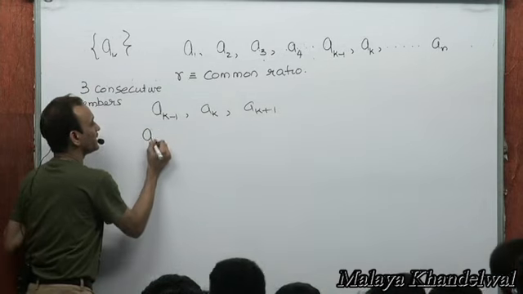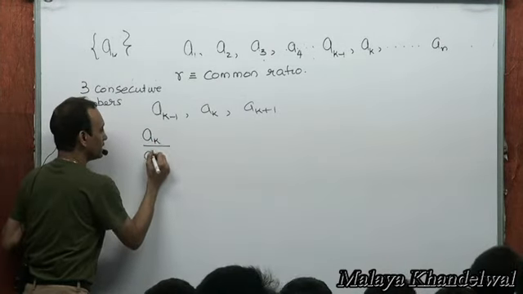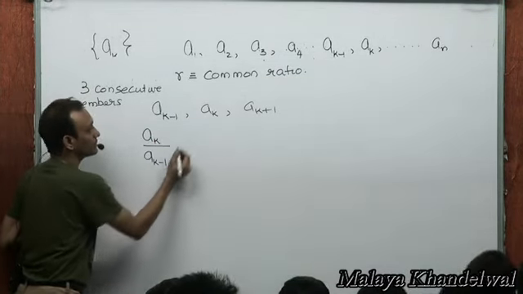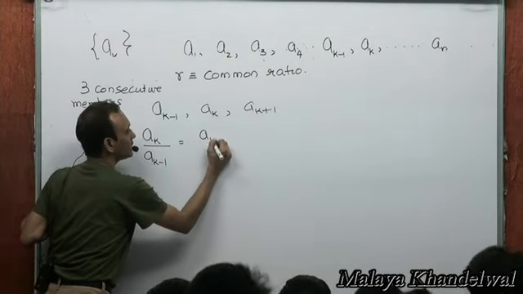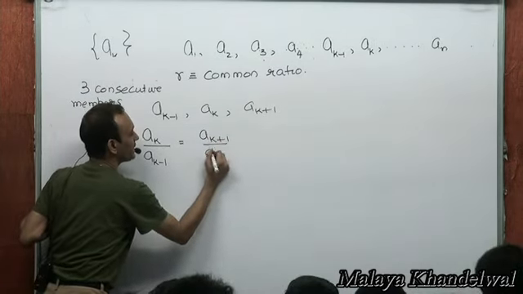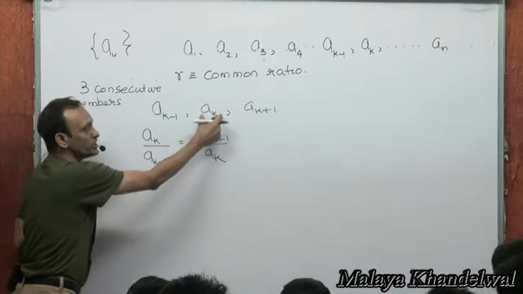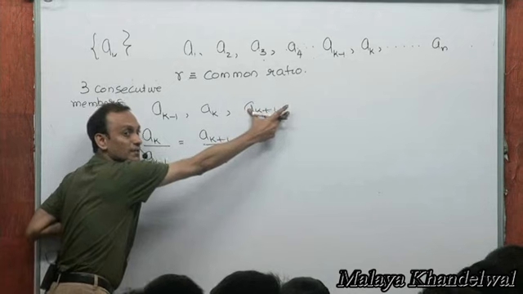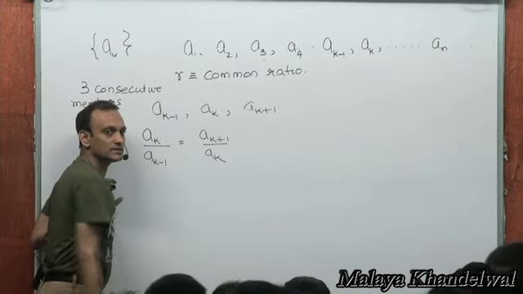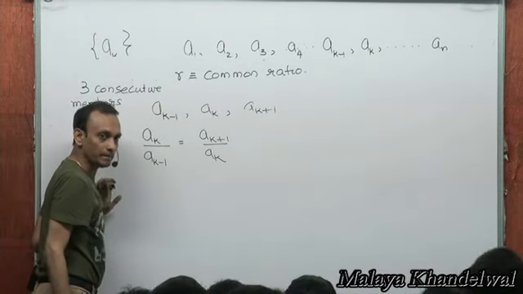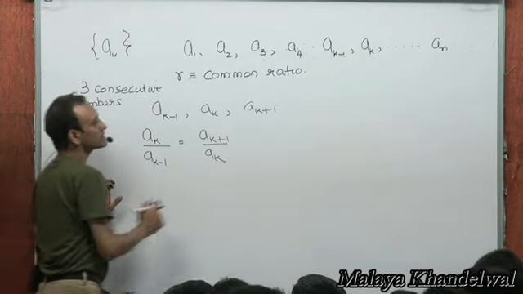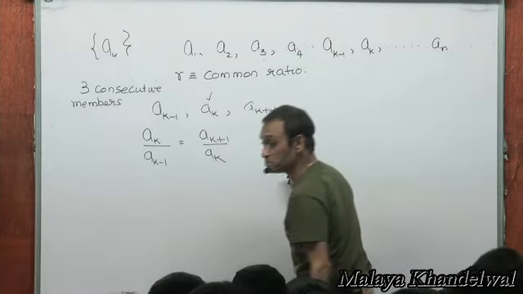Then I end up getting AK divided by AK minus 1 equals AK plus 1 divided by AK. Yes or no? Any term divided by previous term is the same. So this divided by this must be the same as this divided by this. Clear? Right? Which means this is the middle term.